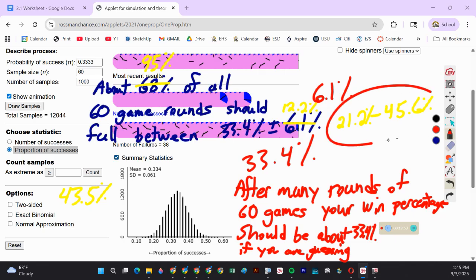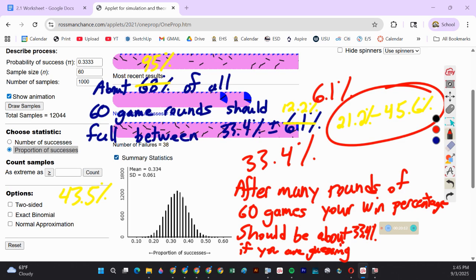Okay, what does that range tell us? If you land in that range after 60 games, that was expected. That is just as good as rolling a dice.